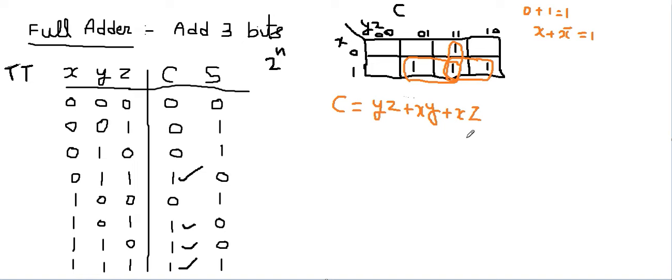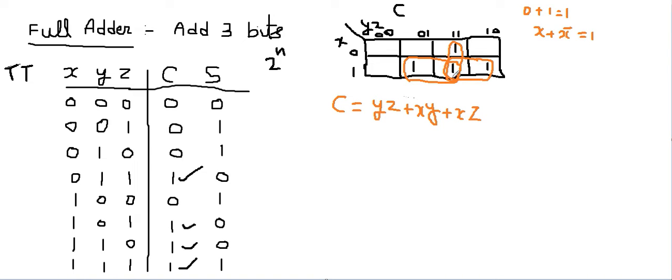Here the one question that can come to our mind is that we have taken this one 3 times, with this one and with this one, with this one and with this. So we can use any 1 or 0 in the sum of product form any number of times. So don't worry about that.